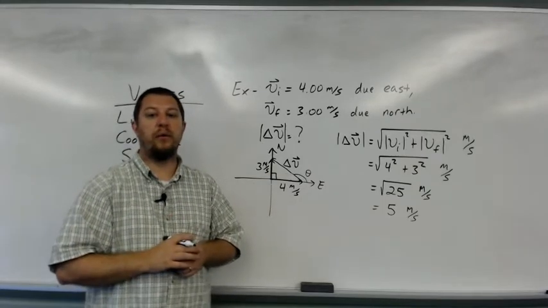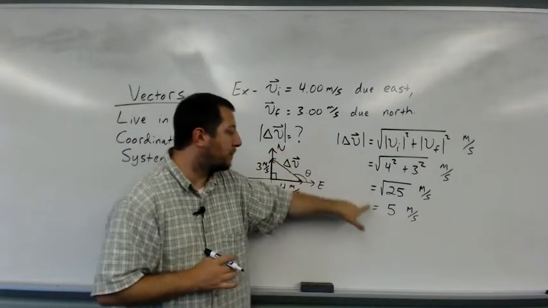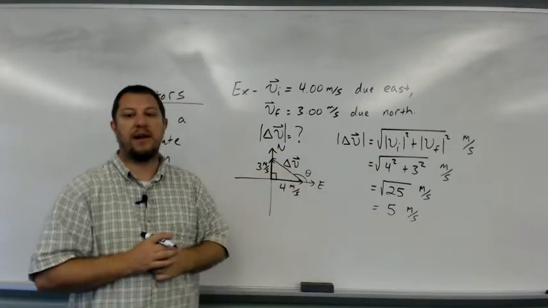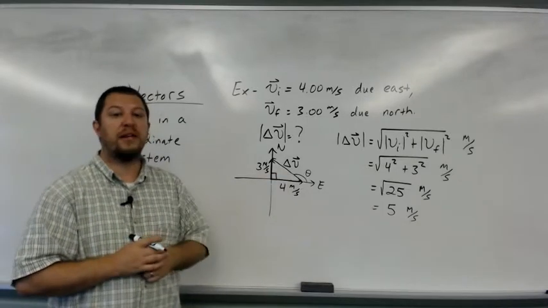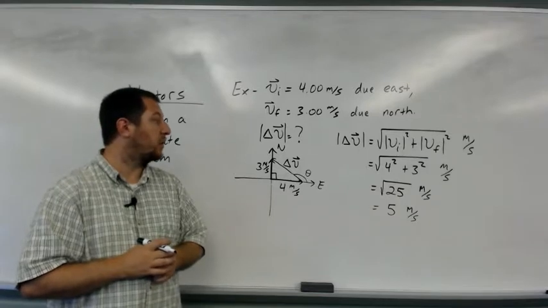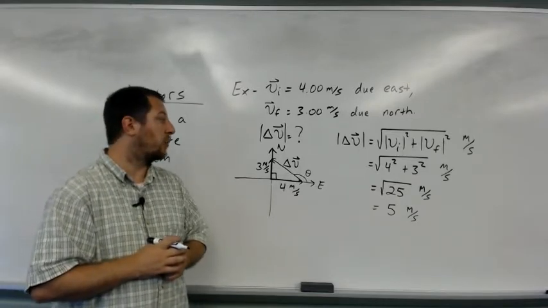For 151, you don't have to worry about that. Okay, all we're going to worry about is what is the magnitude of this change in the velocity. Okay, so you're going to see this particularly in chapter 4 for the 151 courses, and then in chapters 3 and 4 for the upper courses.